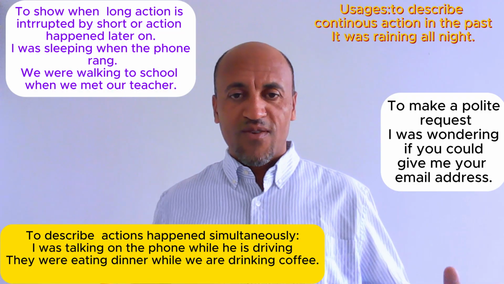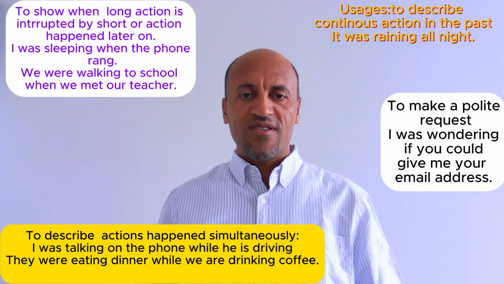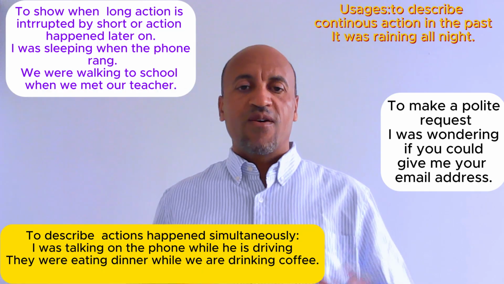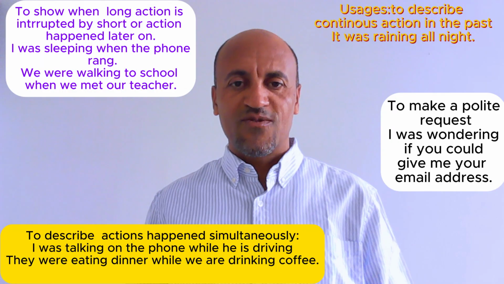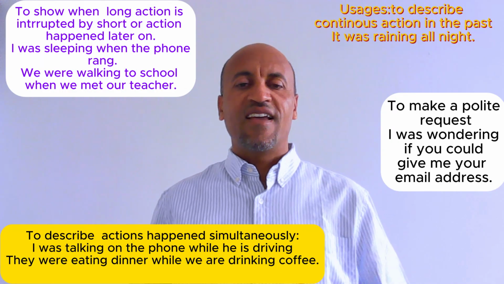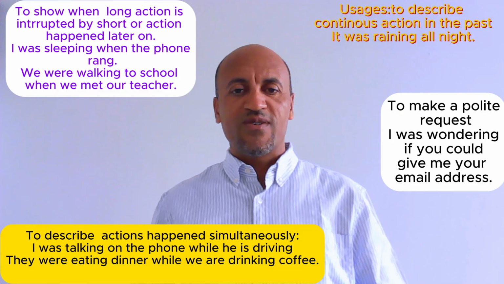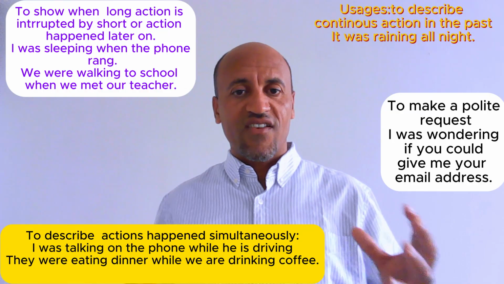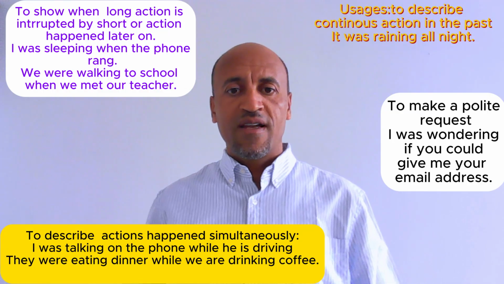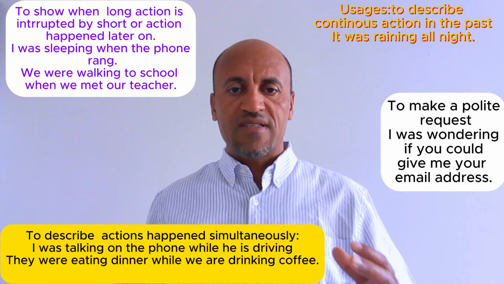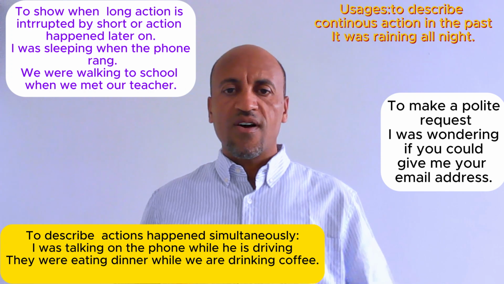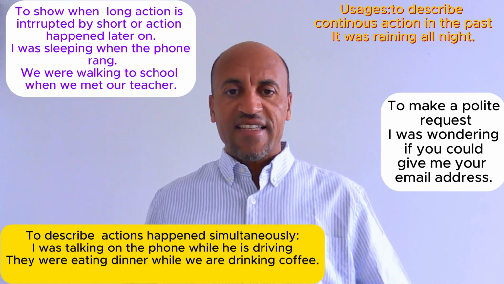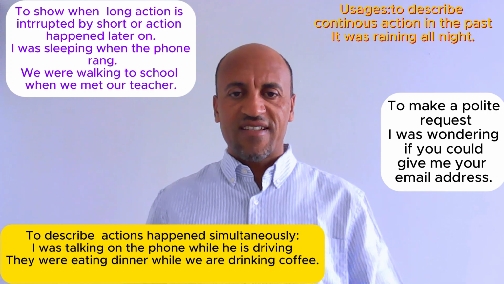And to wrap up, or to summarize the points very quickly, we have a different structure to that of simple past. In the past continuous, the subject agrees with the verb, because we use verbs of be in the past, was and were. So the verb changes when we change the subject.